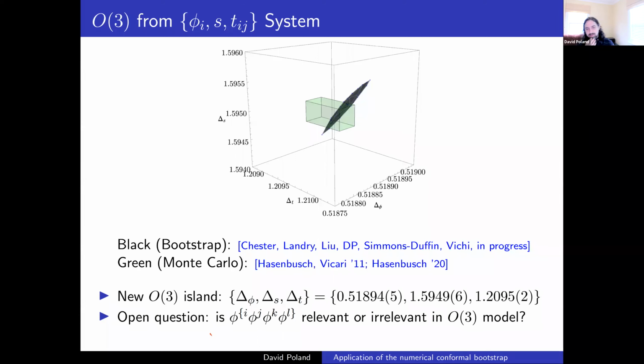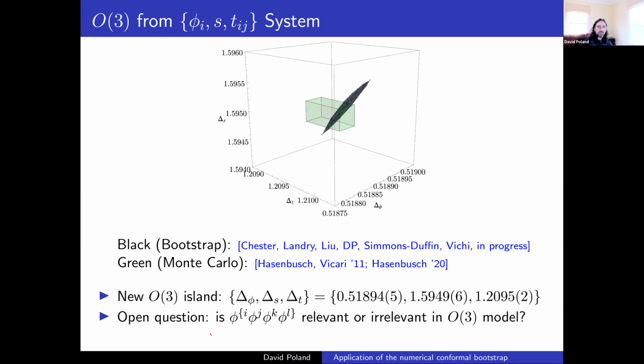There's a long history of people trying to tackle this question that I won't get into, but most results show that the dimension of this operator is very, very close to marginality. So this is an interesting question that we can now tackle with the Bootstrap.